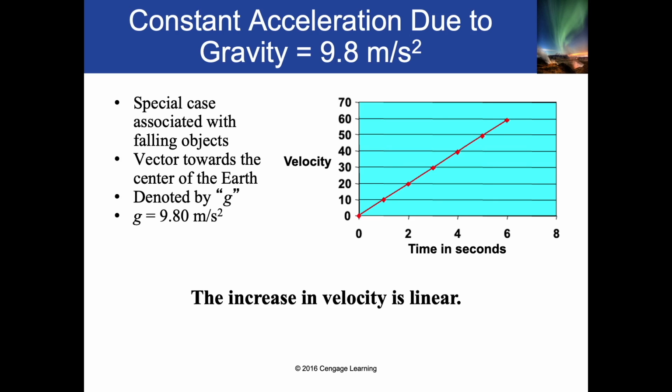We'll talk about that more in detail after the exam. The thing I just want you to notice here is that the increase in velocity when you're talking about gravity is linear. It goes straight. There's no curve to it. It's absolutely straight.